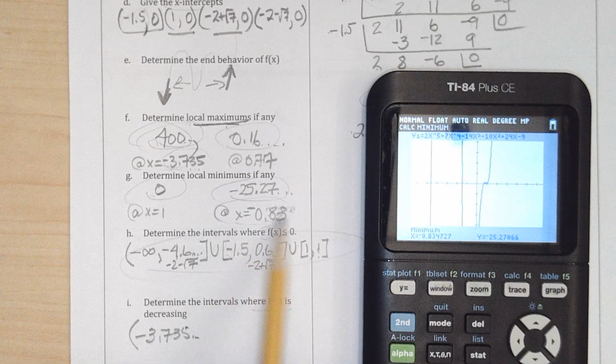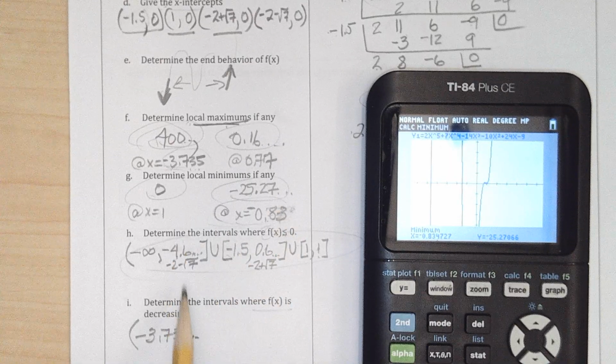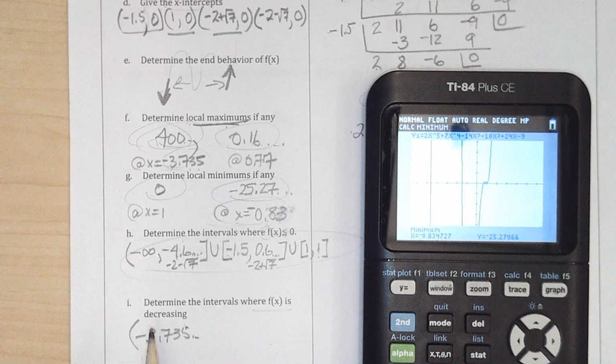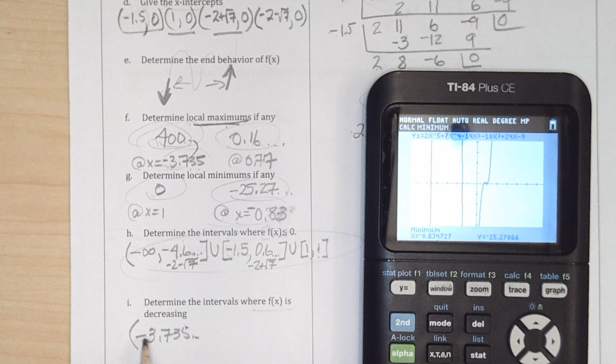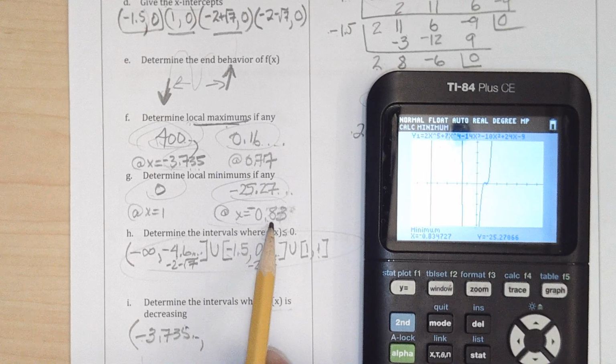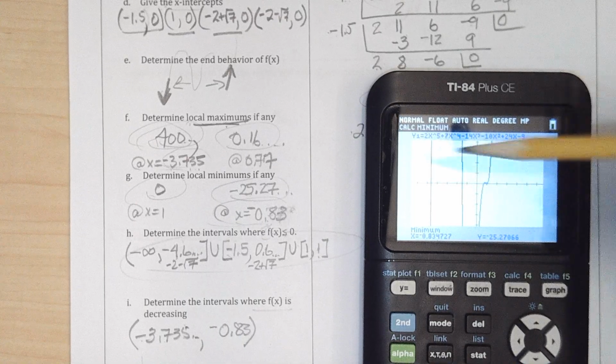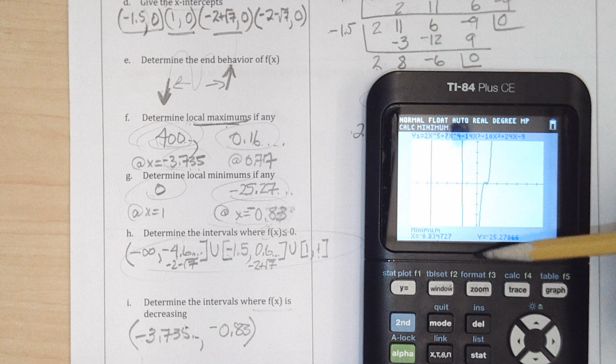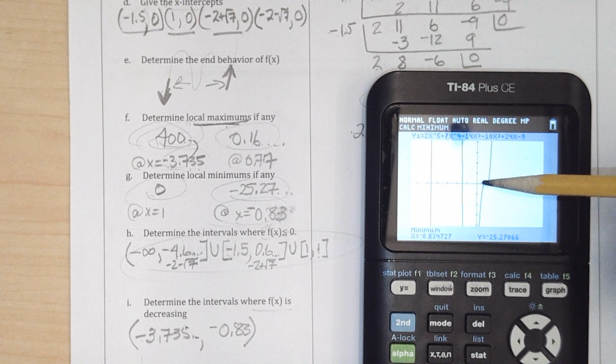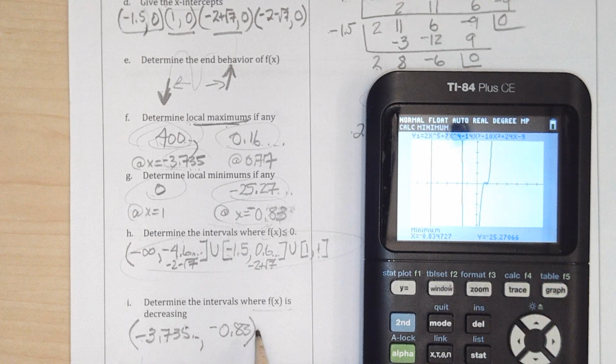And so we're looking at the x values when we're answering these questions. So it decreased from x at negative 3.735-ish to negative 0.83-ish. It decreased.